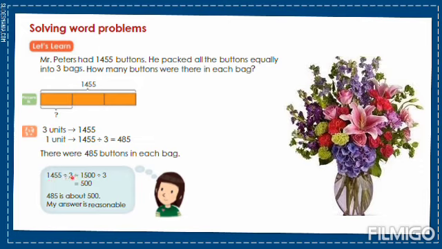So let's find the multiple of 3 closest to the given dividend, 1,455. So the 500 now is the answer for 1,500, since 1,500 is the closest multiple for 1,455. So our answer, class, is reasonable.